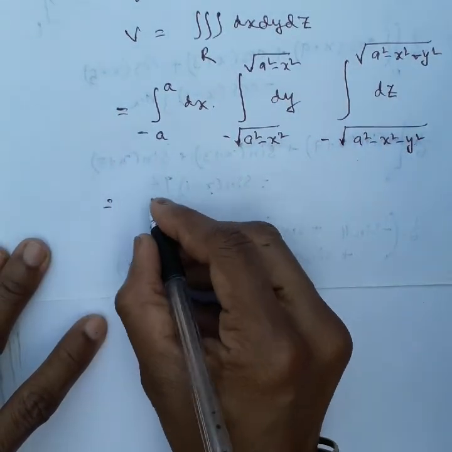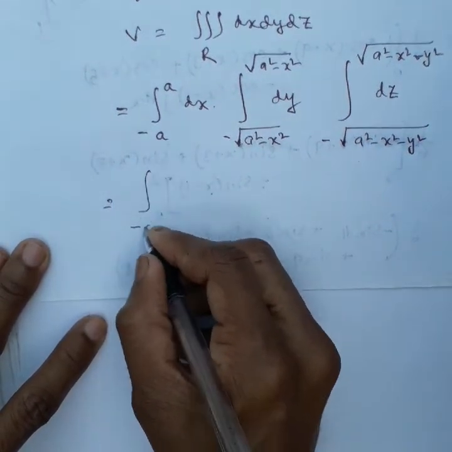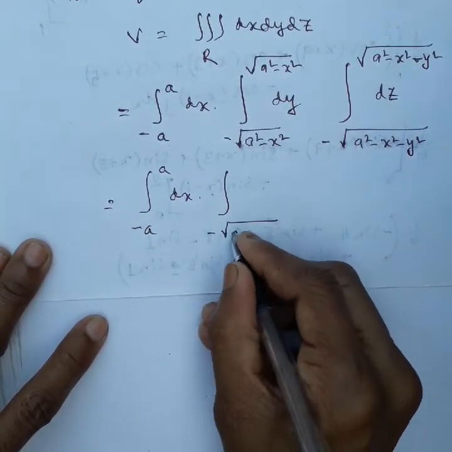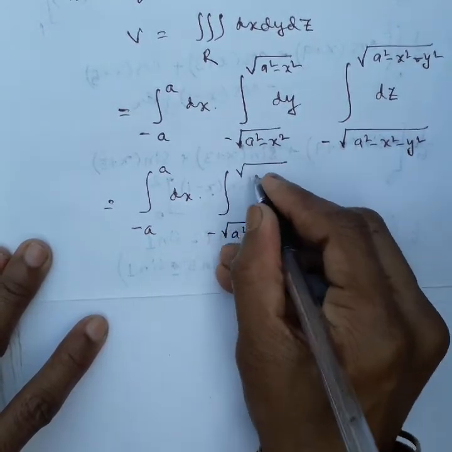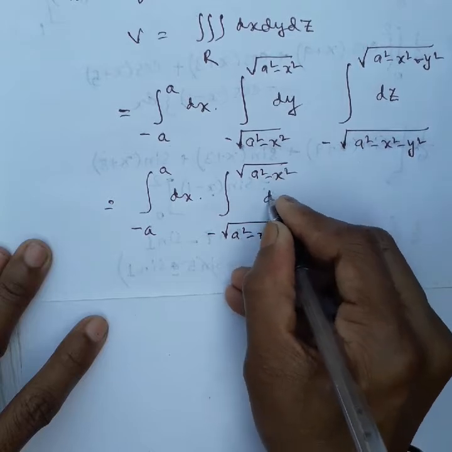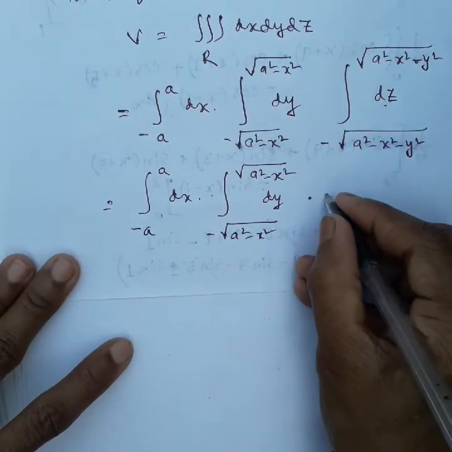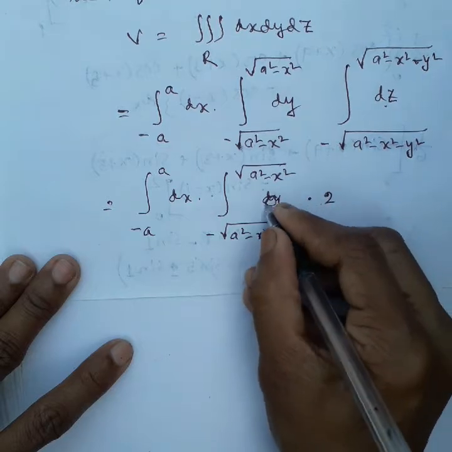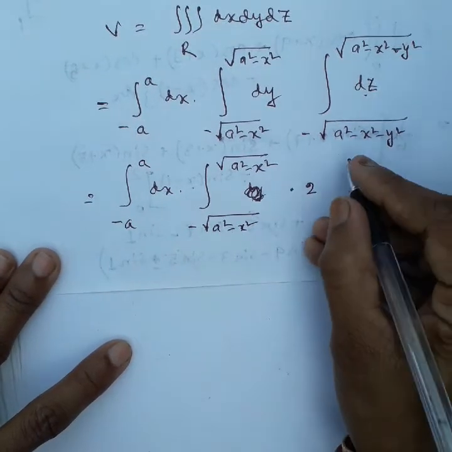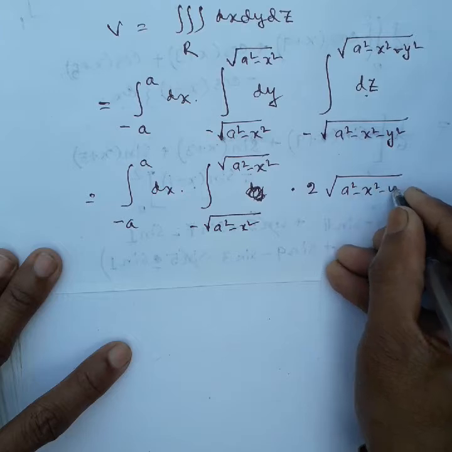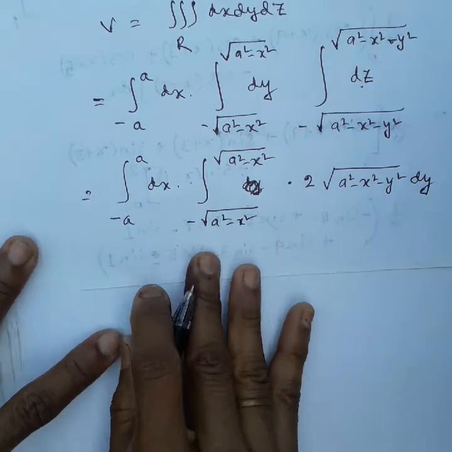First this is minus a to plus a dx, this one dy, and after integration we get 2 into root of a square minus x square minus y square dy.